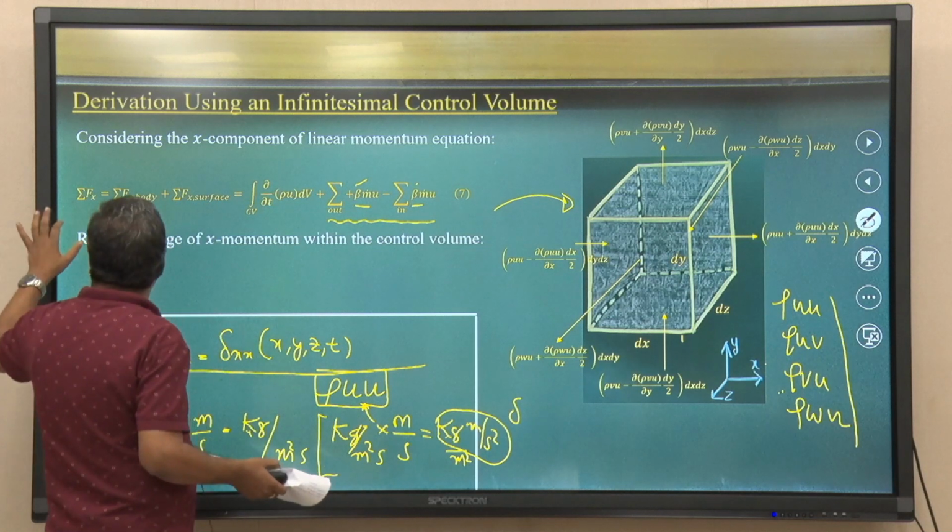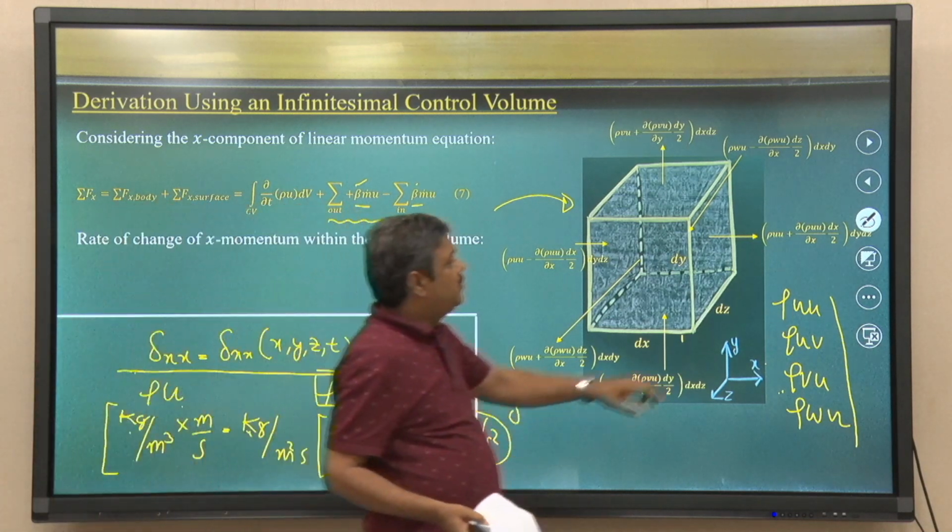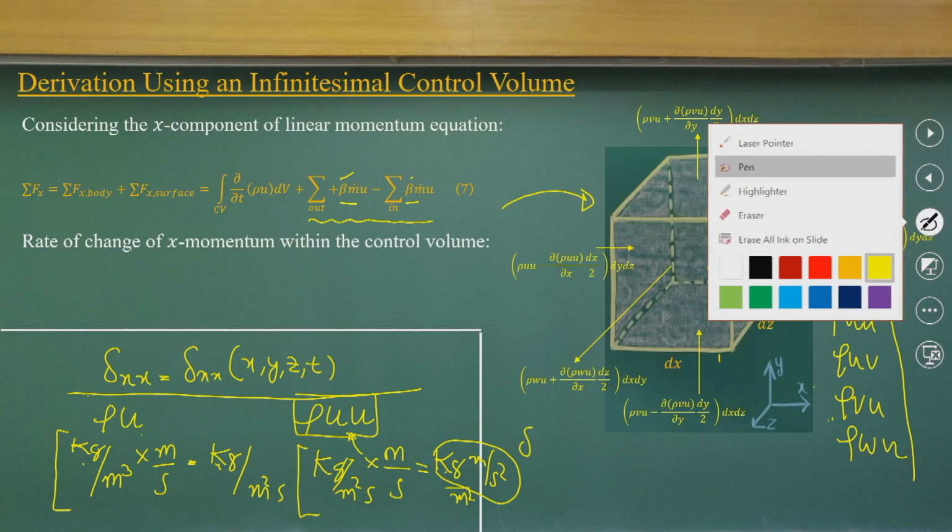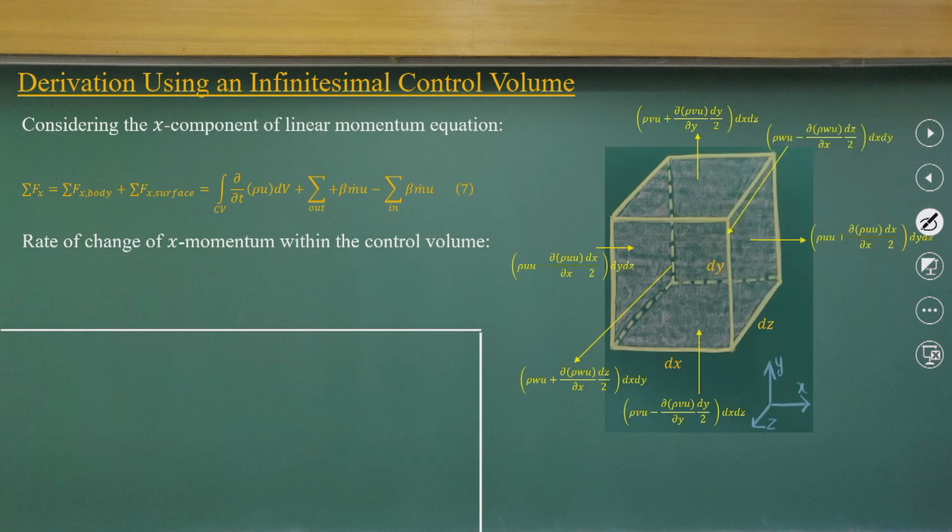Now, if I take an infinitesimal control volume, I have rho uu, rho uv, rho uw, and so on, the 9 components of momentum flux per unit area.